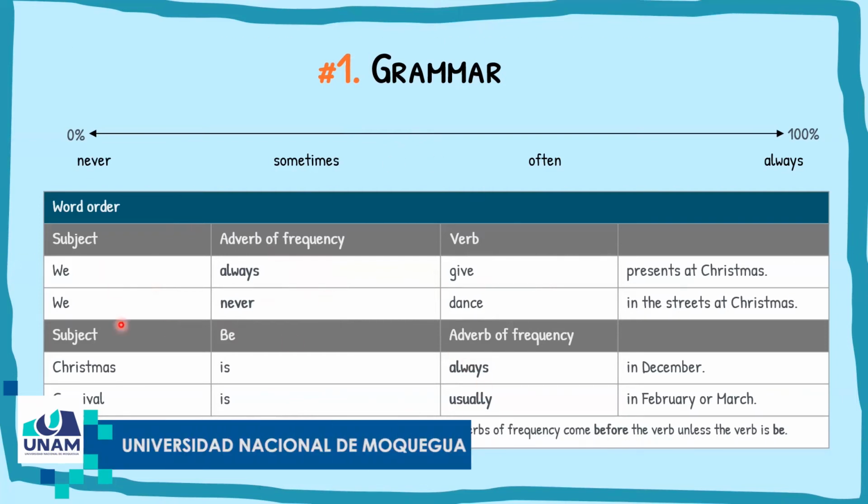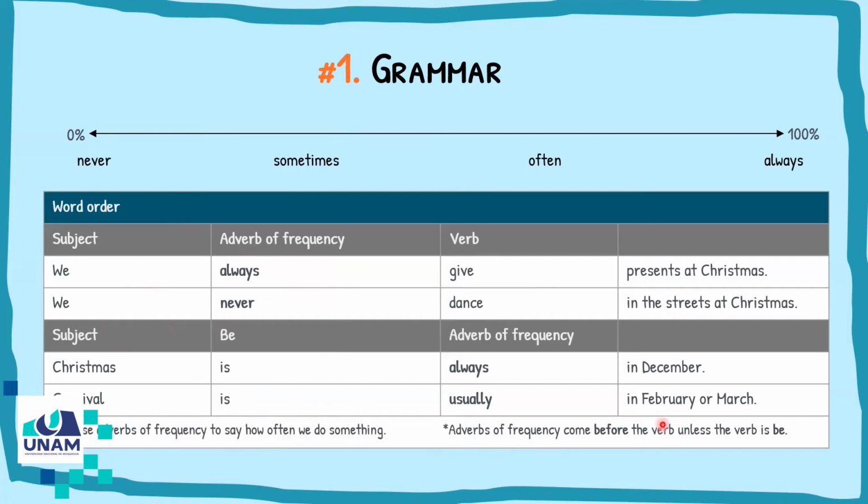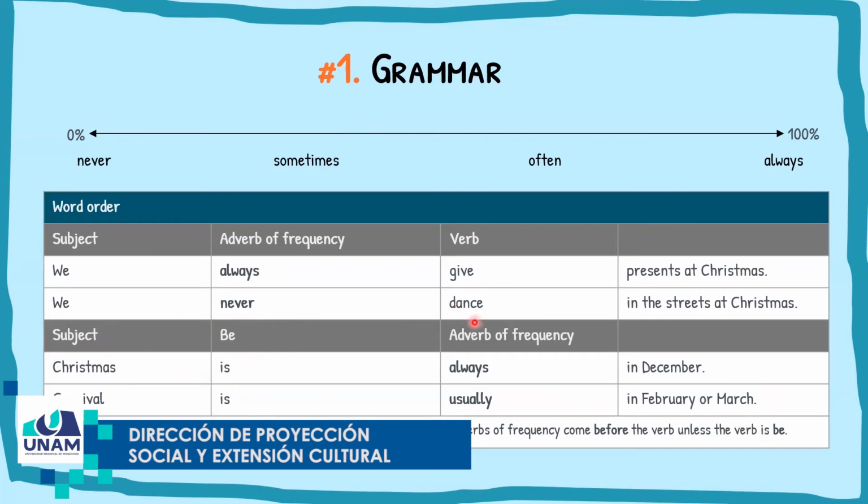And then the other rule is that adverbs of frequency come before the verb unless the verb is be. In this case, we have the verb be. Okay, start with the subject. It's important to start with the subject. In this case, Christmas. Then be, is. Adverb of frequency, always.